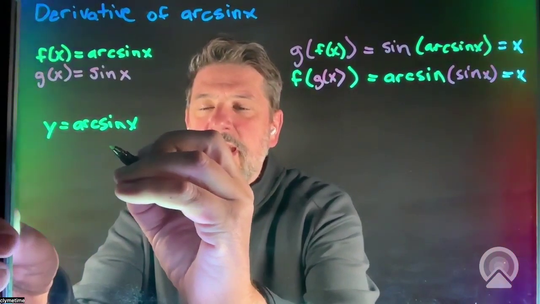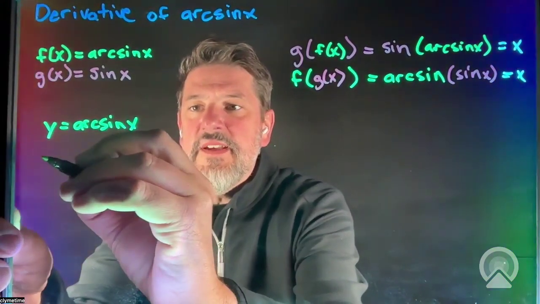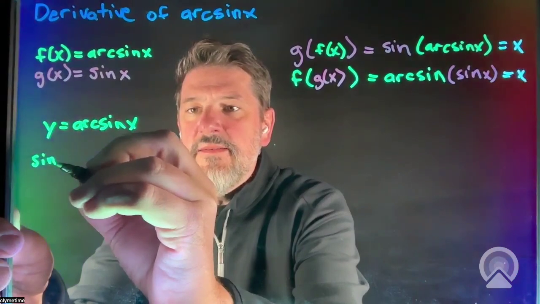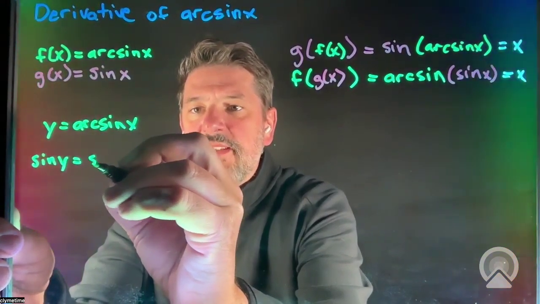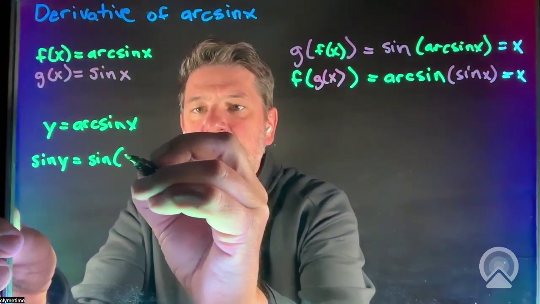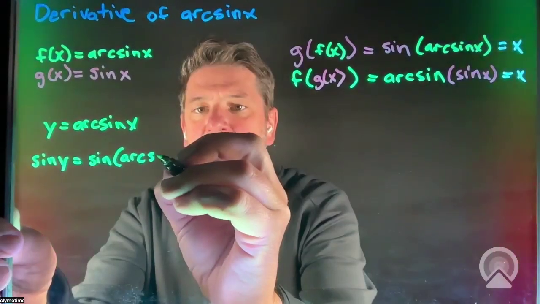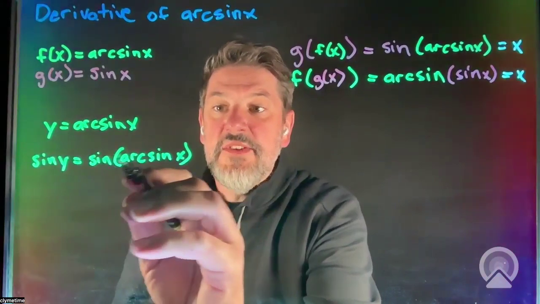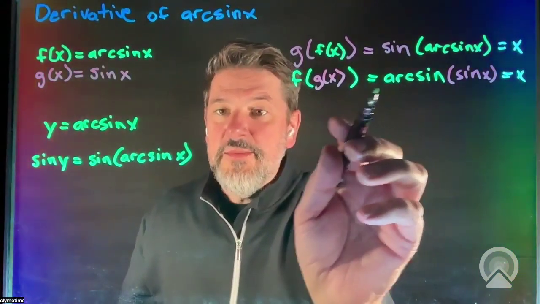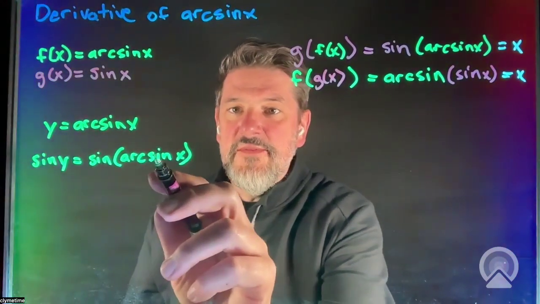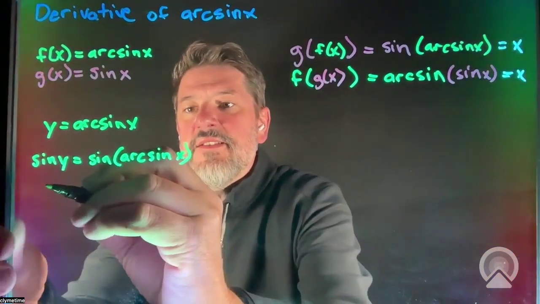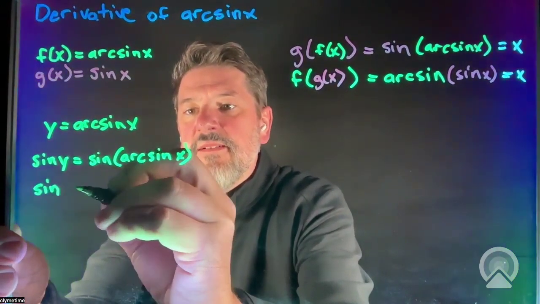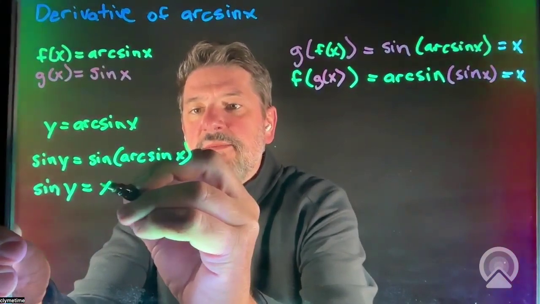Let me show you how I get that. If you take the sine of both sides, sine of y is equal to the sine of the arcsine of x. And these cancel each other out, just as we showed up here. By definition, they're inverses of each other, so you get x. So sine of y is equal to x.